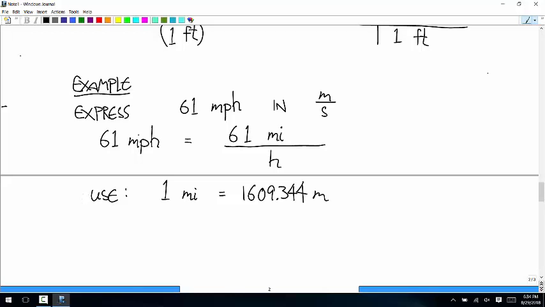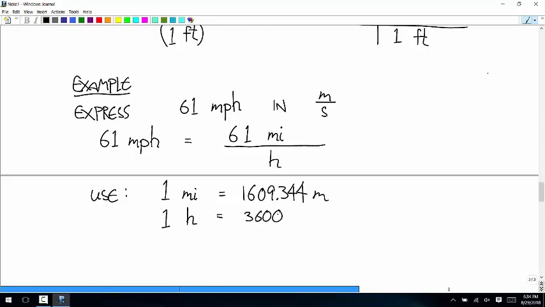And then we also need a relationship between hours and seconds. So 1 hour is equal to 3,600 seconds.